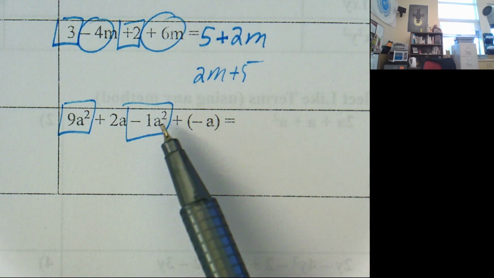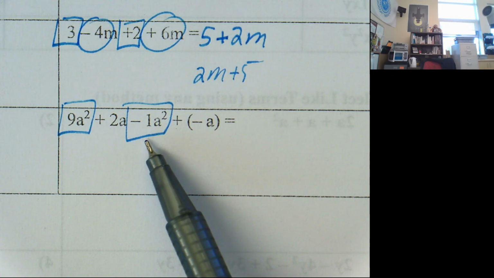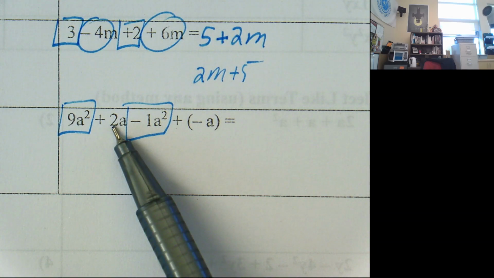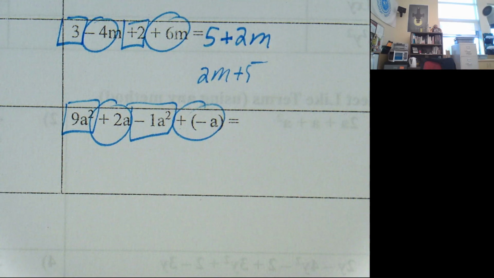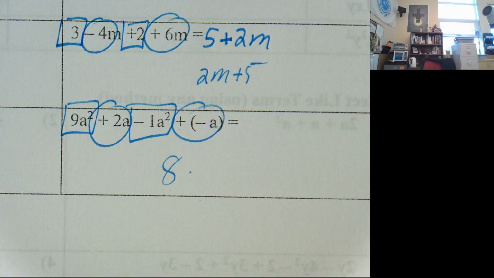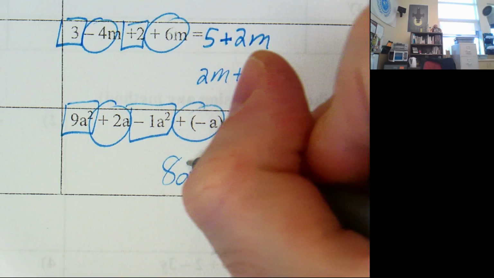Now, Denny, what else is like? It's not a, it's plus 2a, and Hassan said it, the plus negative a over here. So what's 9a squared minus a squared? It is 8 what? 8a squared. That's done and that's done.